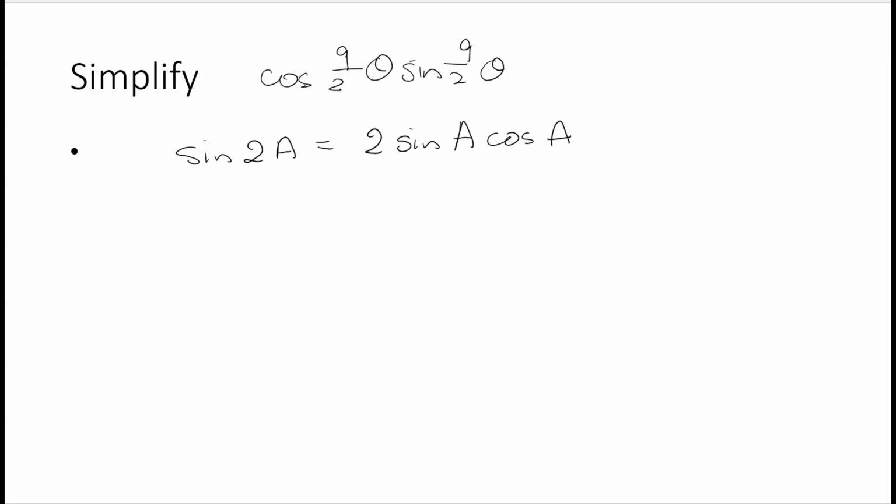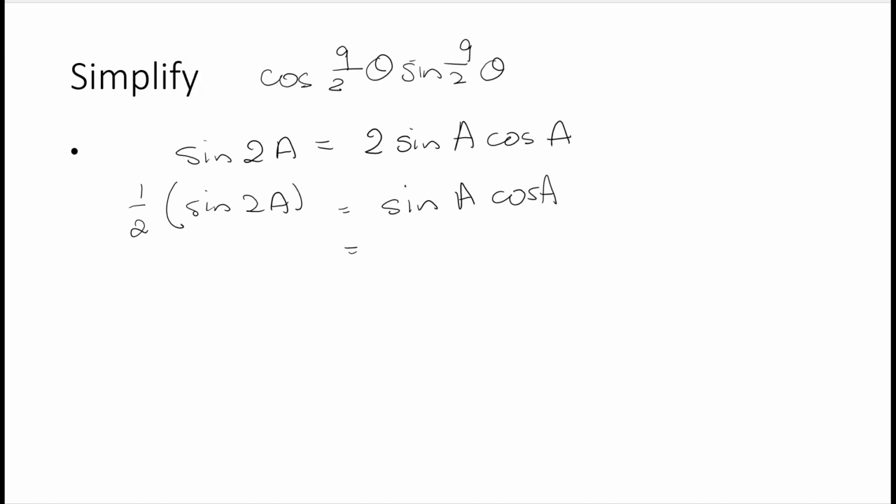Now, we don't have a 2 on what we're trying to simplify at the moment. So what if we just go sine A cos A equals a half sine 2A.